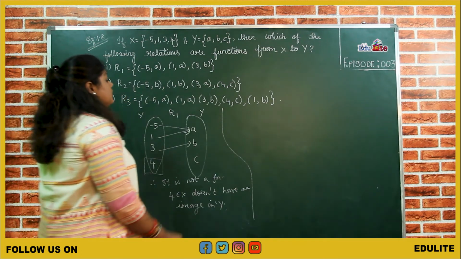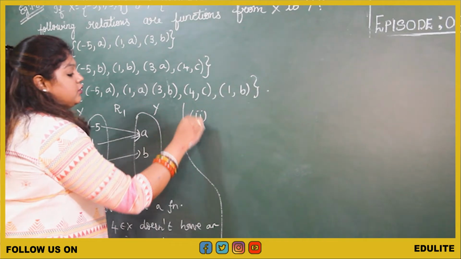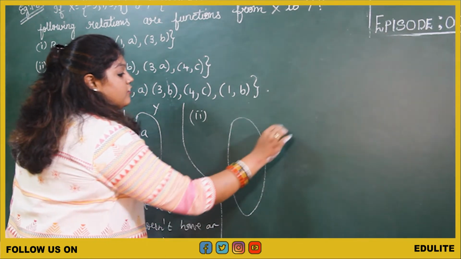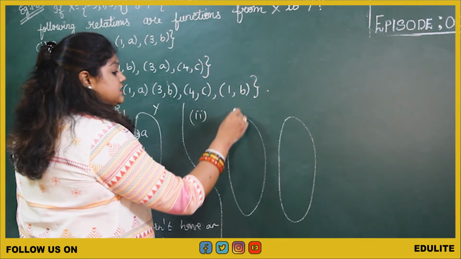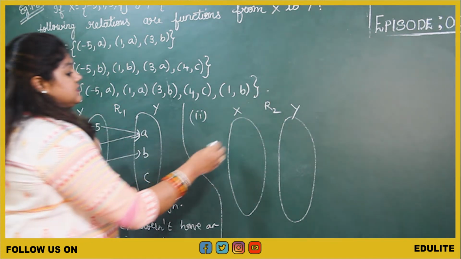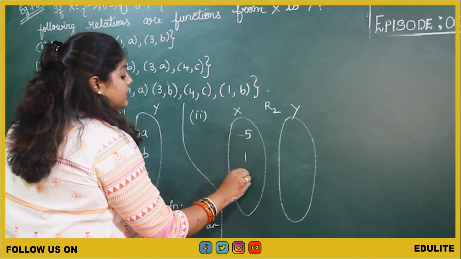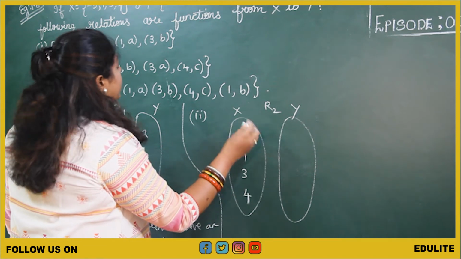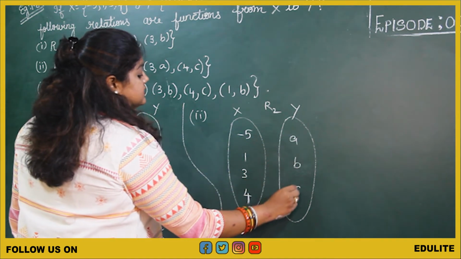Next, we will move on to the second option, R2. The same format we will follow to check whether it is a function or not. X, y, R2, and x is minus 5, 1, 3, 4, y is a, b, c.